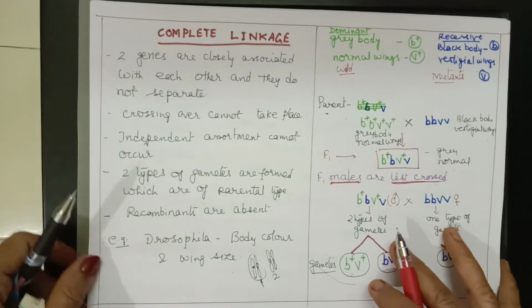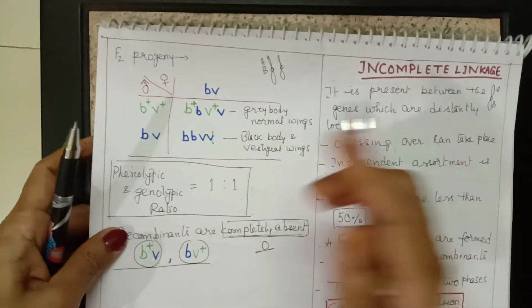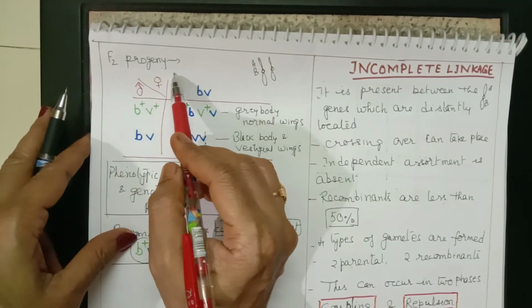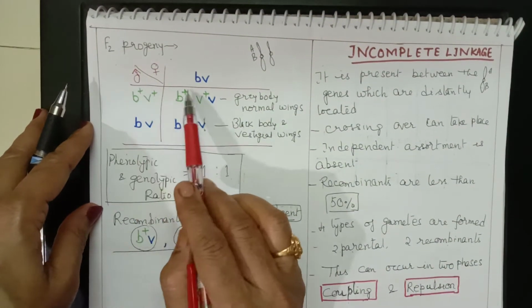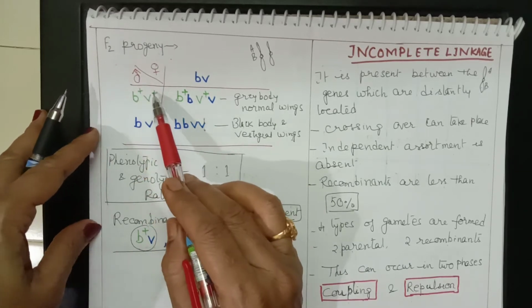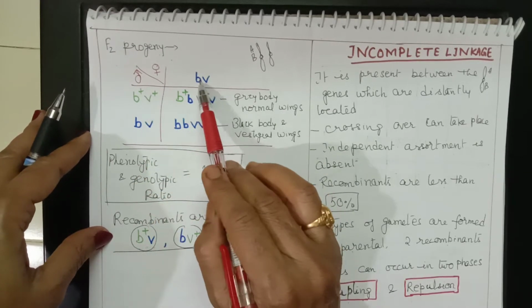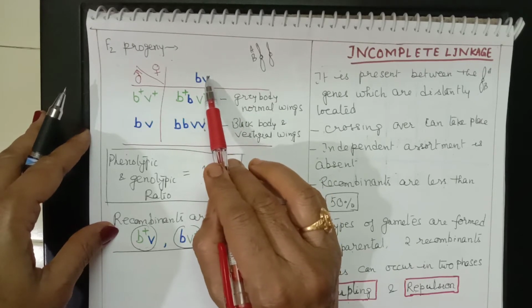Now let us observe the F2 progeny. The F1 male is producing two types of gametes, and the completely recessive female is producing one type of gamete.